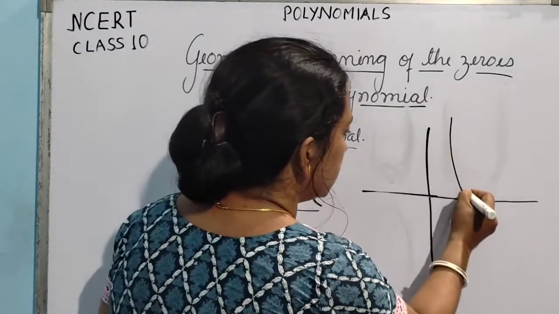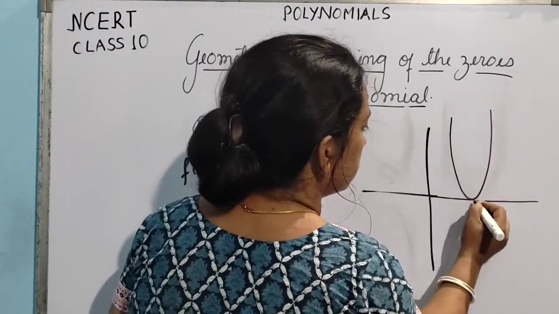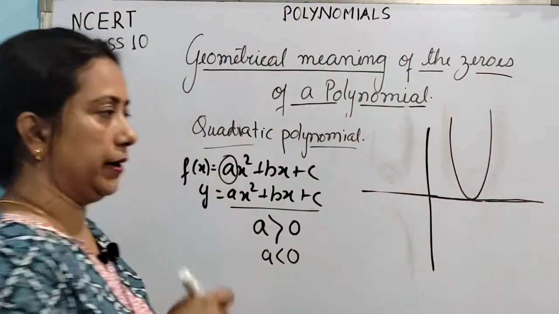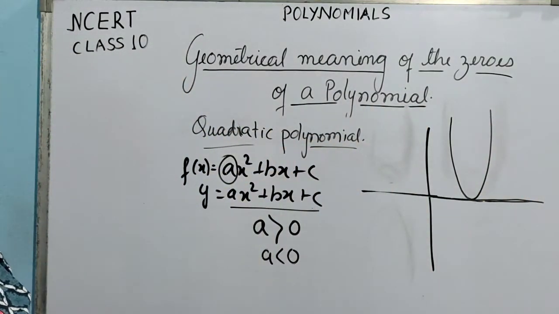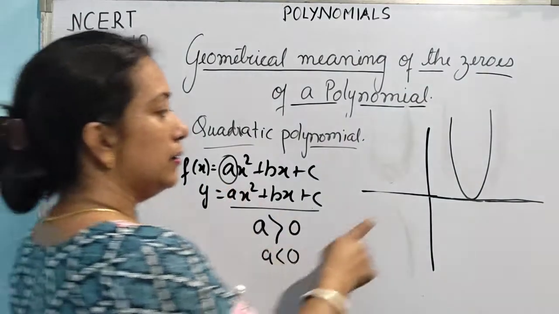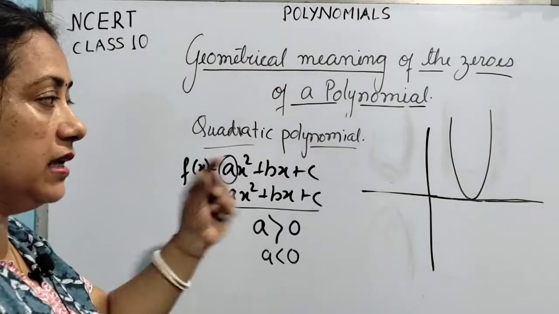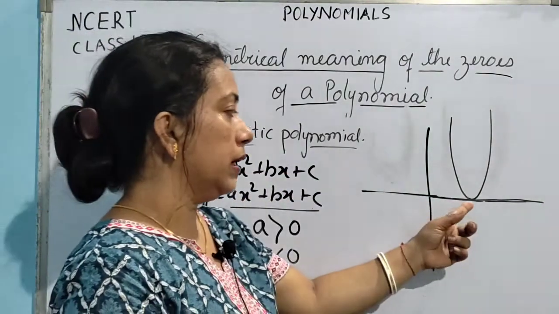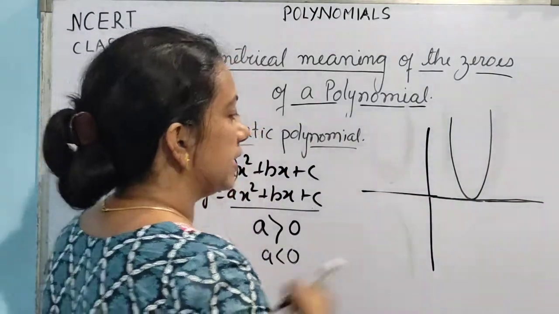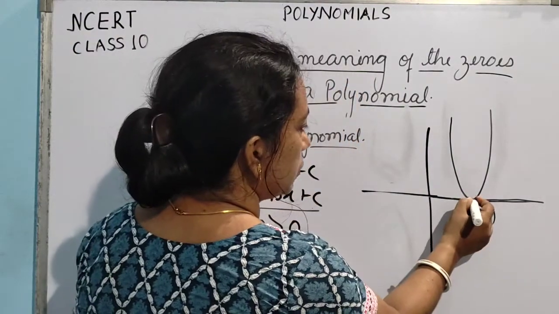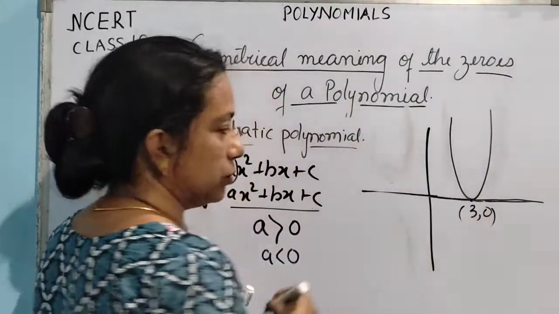Now the third case may be like this. It is intersecting the x-axis at one single point. Then what does this mean? I have said that the point where it intersects the x-axis gives you the zero. Suppose the coordinate of this point is 3, 0.